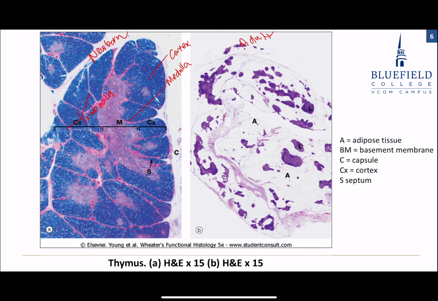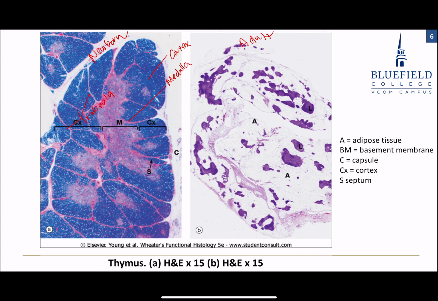Now, why is the cortex so dark staining? It's a very dense population of T cells. And you know from immunology, better than I do, that there are a lot of different subtypes of T cells, correct? As those T cells develop into different subtypes and determine what antigen they're going to respond to, they move from the cortex towards the medulla.